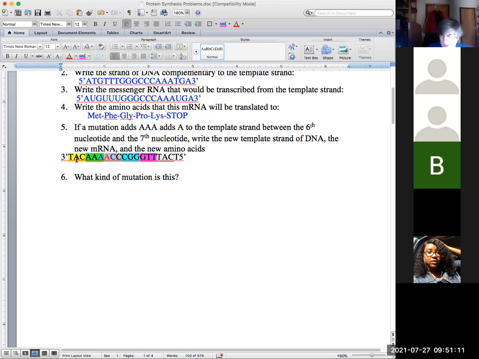it says write the new messenger RNA. So that was our DNA. So let's write our new messenger RNA.